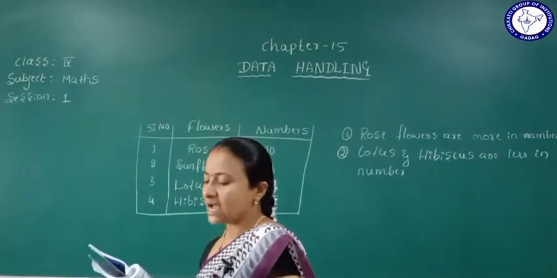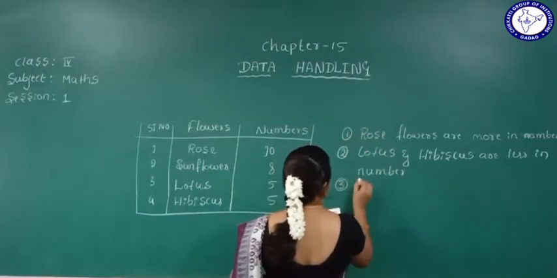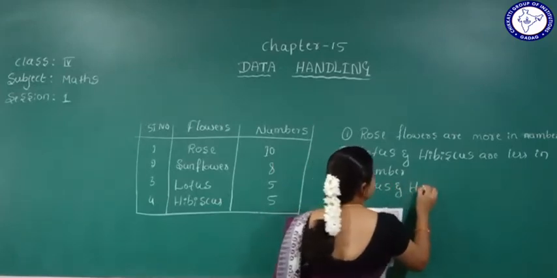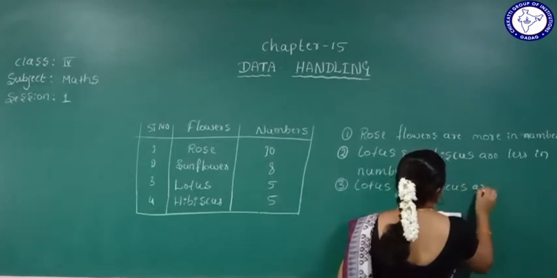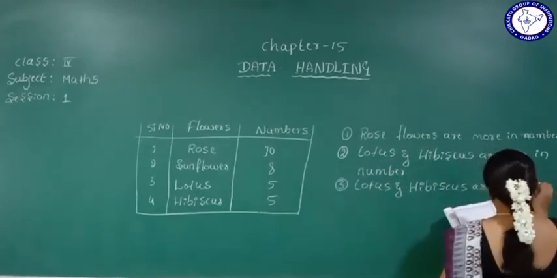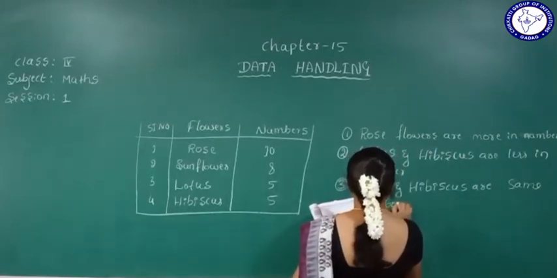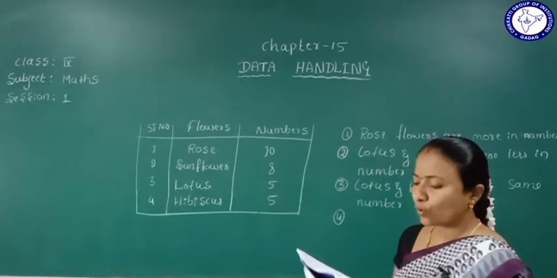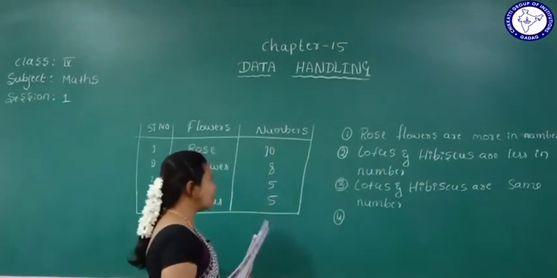The third question asked is: which flowers are the same in number? Lotus and hibiscus are the same number. Yes. So that is the fourth question: what is the total number of flowers? Now we will count the total number of flowers.